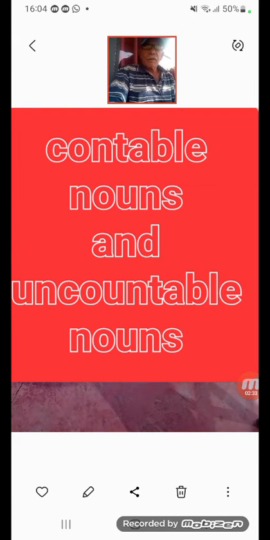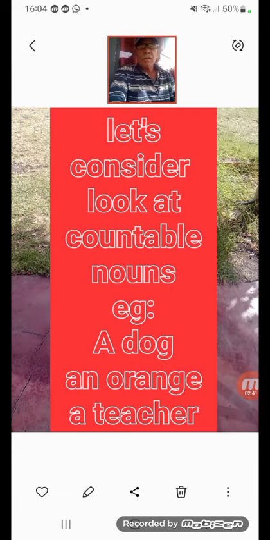So, let's look at countable and uncountable nouns in their context. Let's look first at countable nouns. Example: a dog, an orange, a teacher.